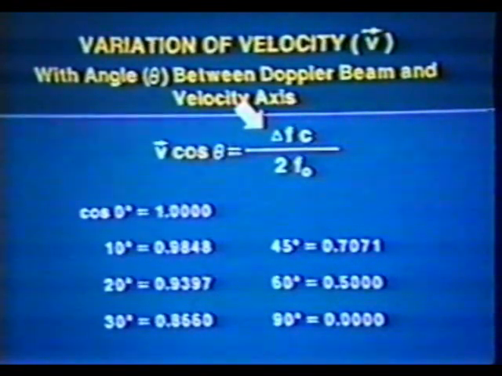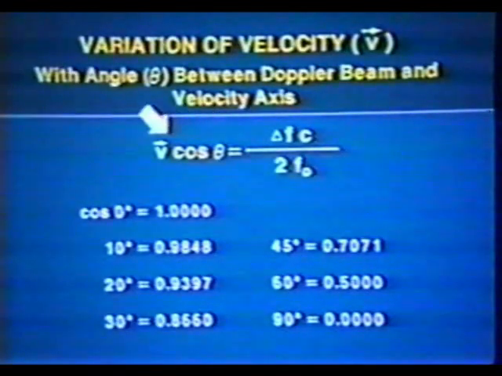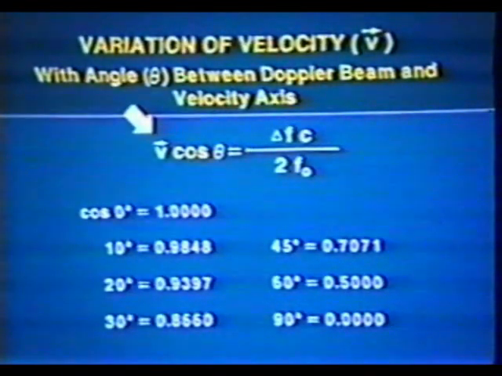The Doppler shift frequency is here labeled as delta F. V cosine theta is the radial velocity. That is, it is the component of the velocity vector acting along our sound beam axis.